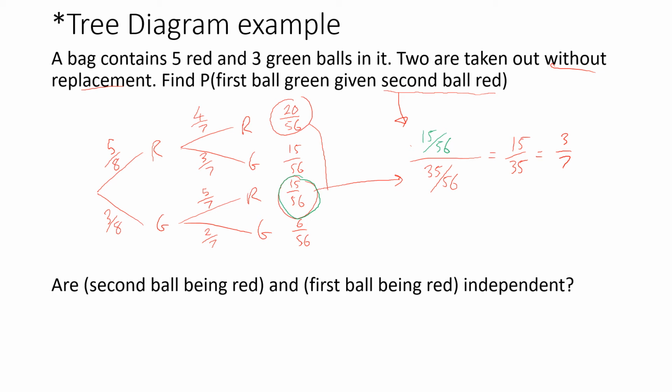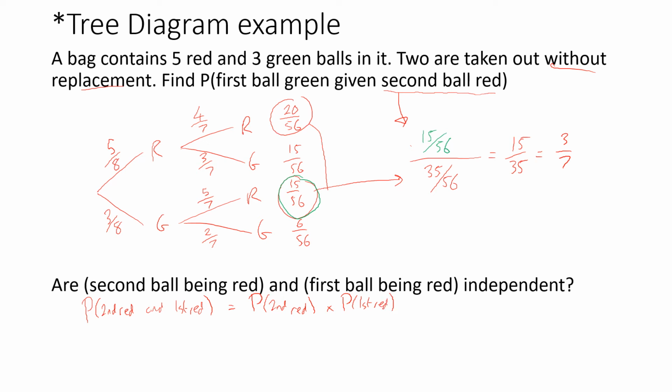So the second question we're asked here is: are the second ball being red and the first ball being red independent? Now if they were, that would mean that the probability that the second is red and the first is red is equal to the probability that the second is red times the probability that the first is red.